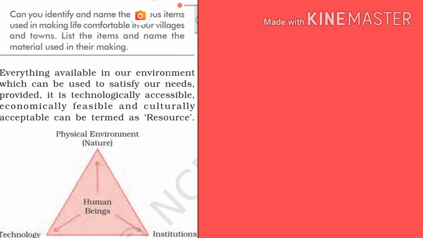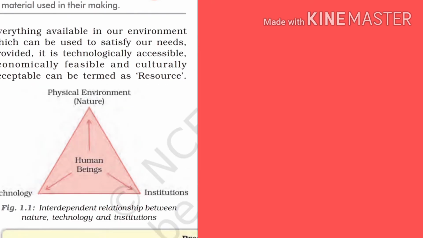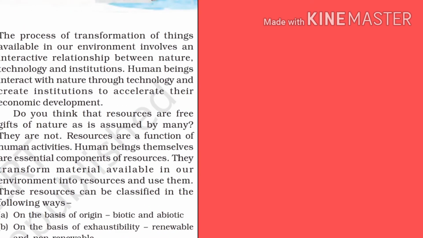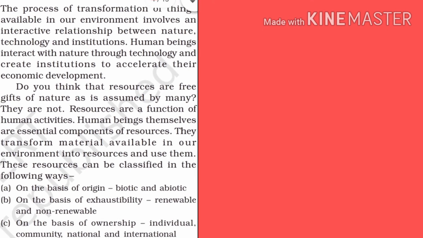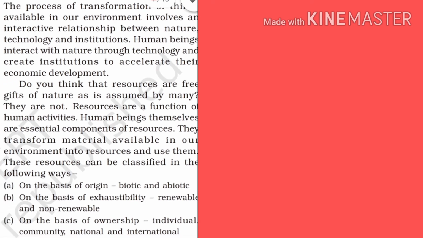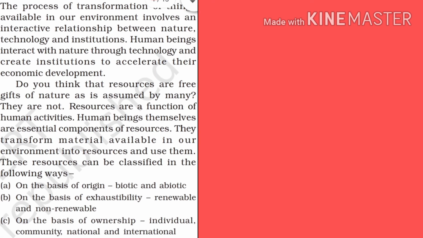Now we will come to the next topic. Now I will explain this diagram. Before explaining this triangle, let's read this first. The process of transformation of things available in our environment involves an interactive relationship between nature, technology and institution.